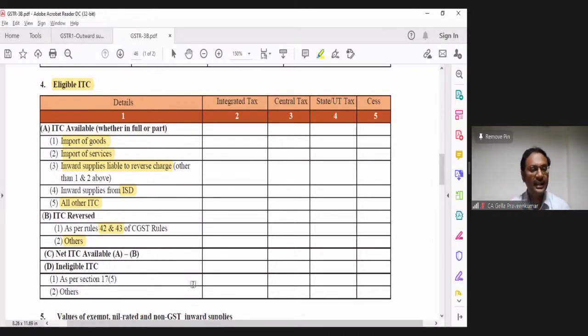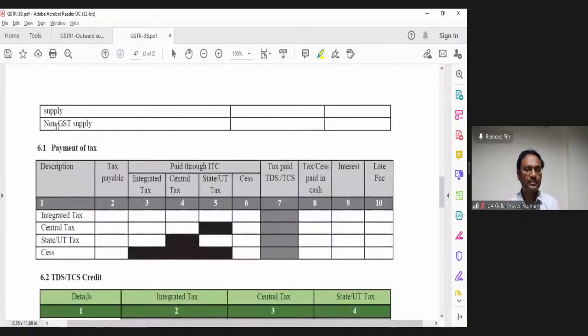Next, ineligible ITC as per 17.5. I am declaring that, look, when I have purchased the 17.5 list which is given, all these are the purchases I cannot avail ITC. So whichever is auto-populated in my GSTR 2B, I'm going to declare that it is my ineligible credit. That's what they say. Let me come back to my main presentation.